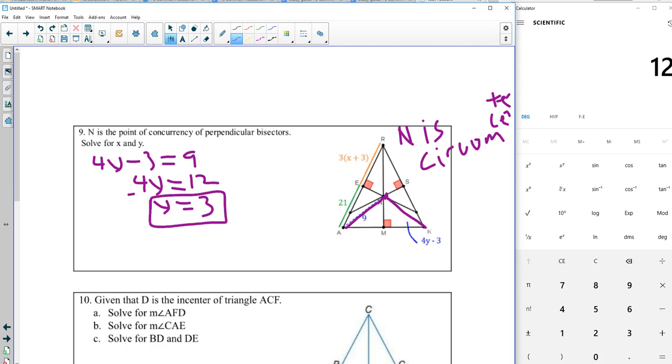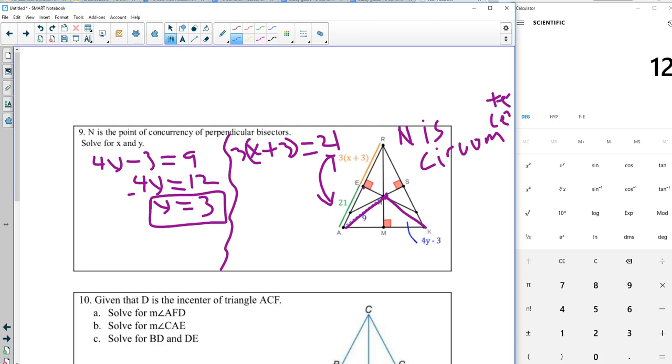All right, the second one, to find x, we know that E is the midpoint. So the midpoint says these two equations are equal to each other. So the 3x plus 3 is equal to 21.